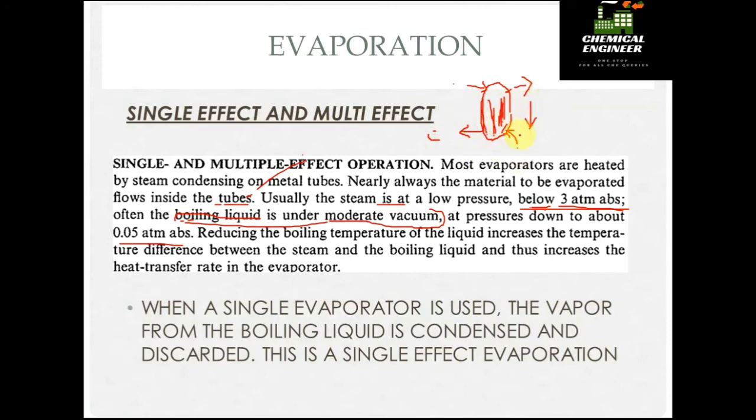This type of evaporation is known as single effect. In this type of evaporator, the steam is entered only one time and then the condensate is taken out, as well as the volatile vapor, and the operation is considered complete. So this is known as single effect evaporation, that is, only one time.